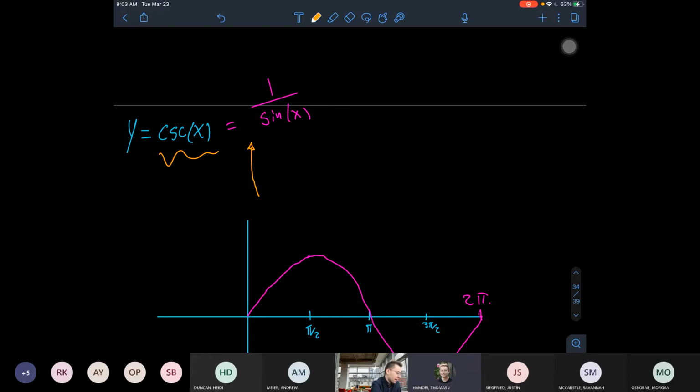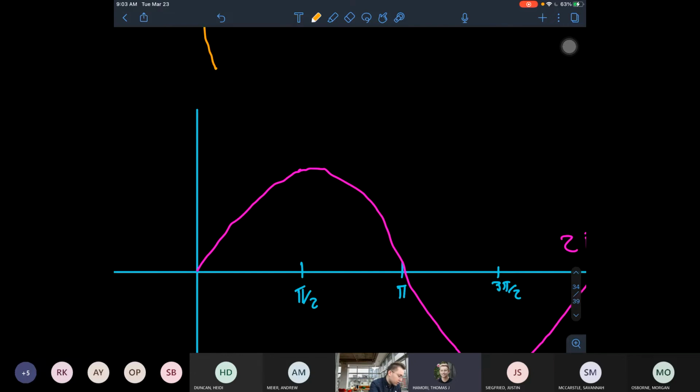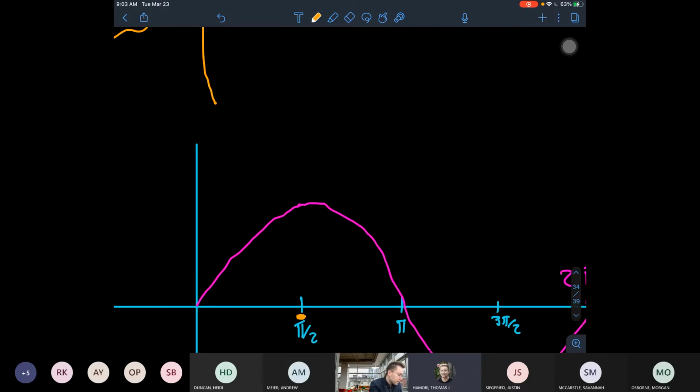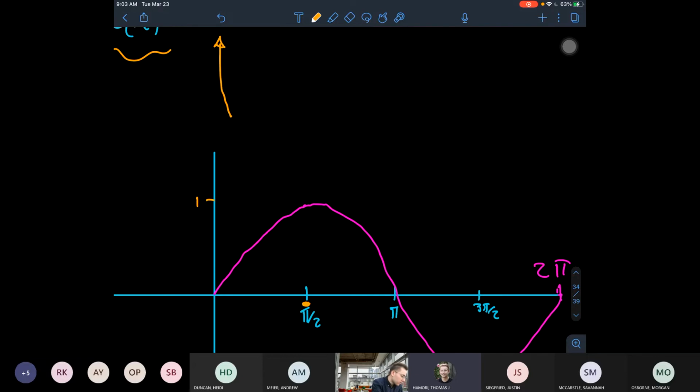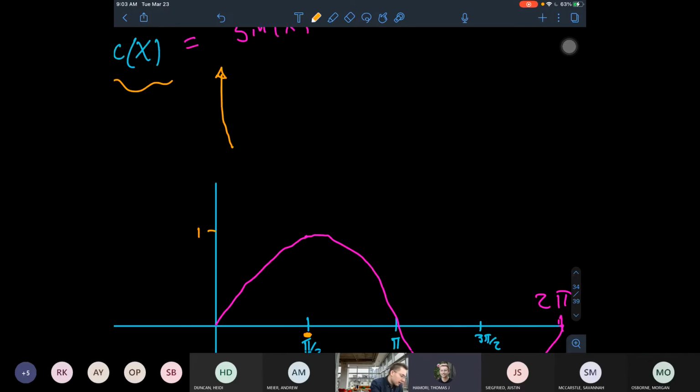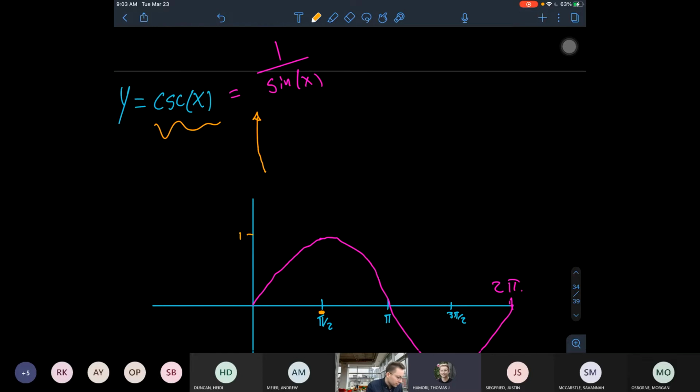And sine of x reaches a maximum at the x value pi over 2, and the value of sine at that point is 1. So when x is pi over 2, cosecant of pi over 2 is going to be equal to 1 over sine of pi over 2, which is 1 over 1, which is just 1. Okay, so we should reach a minimum down here at 1.